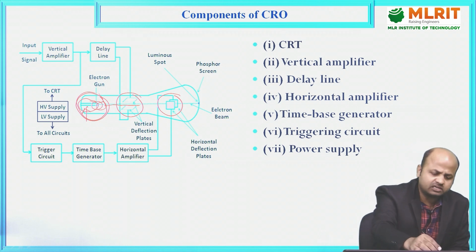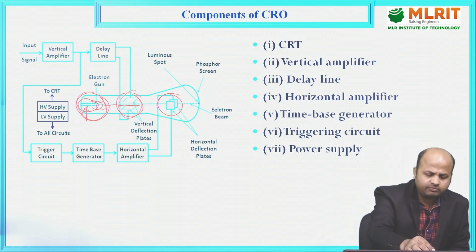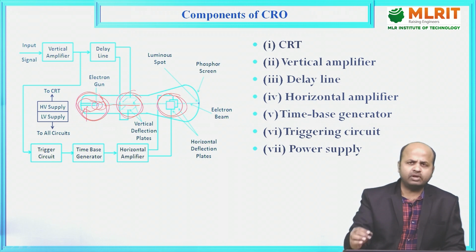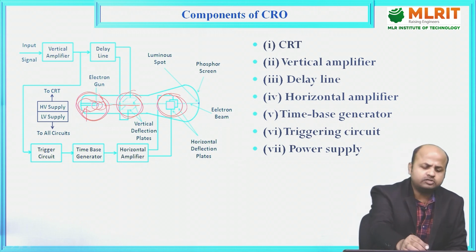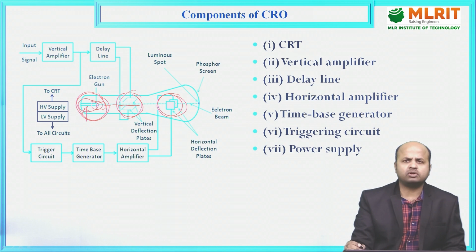After that, it consists of a pair of vertical plates and a pair of horizontal plates. The purpose of vertical plate is that it will control the movement of electron beam in vertical axis, and horizontal plate will control the movement of electrons in horizontal axis.